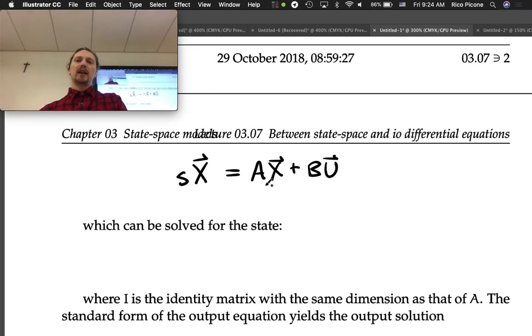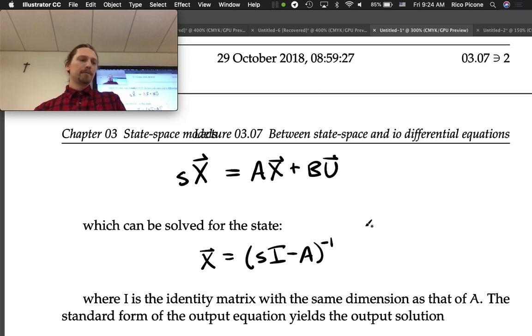The state shows up on both sides of the equation, so we subtract that one over and factor out the X. Then we left multiply by the inverse of sI minus A, giving X equals (sI minus A) inverse B U.